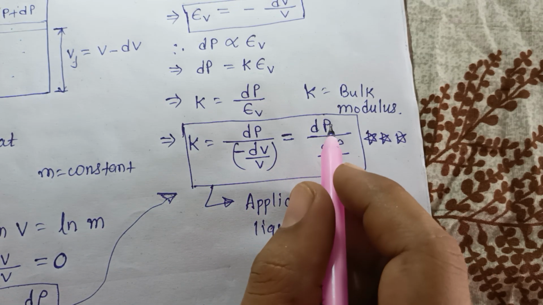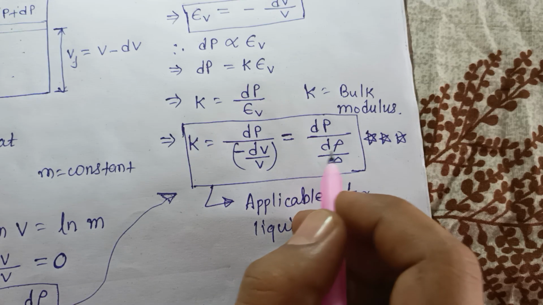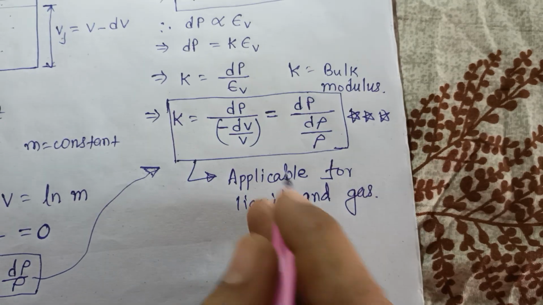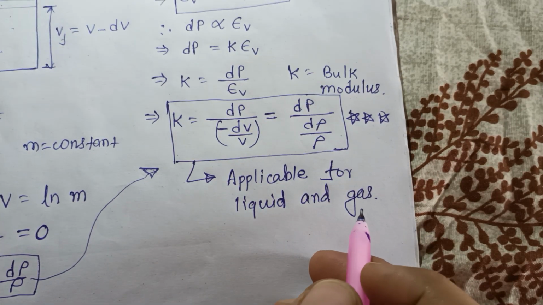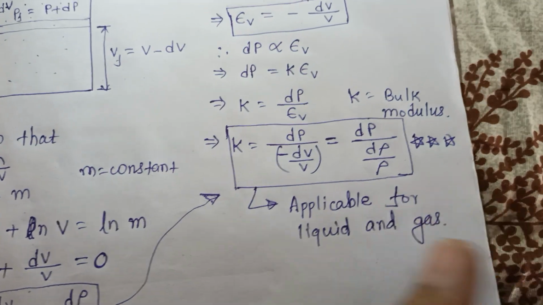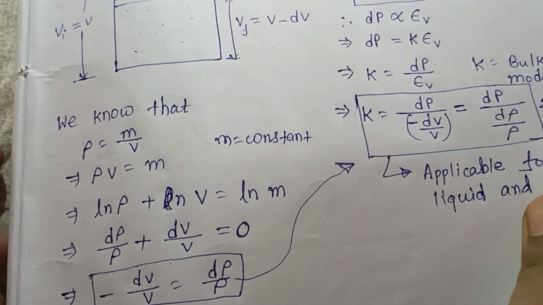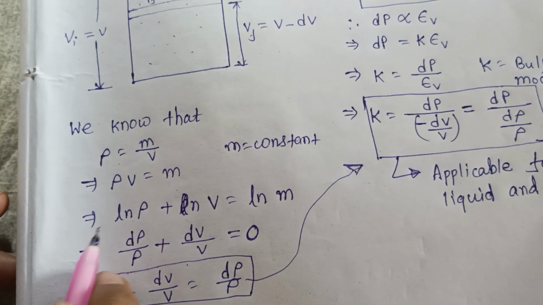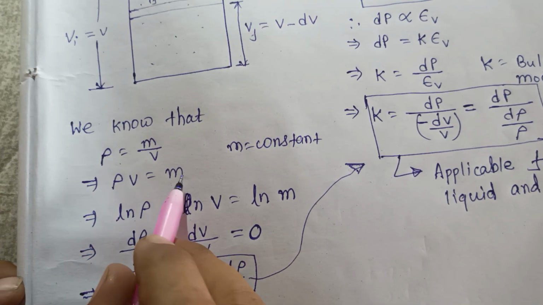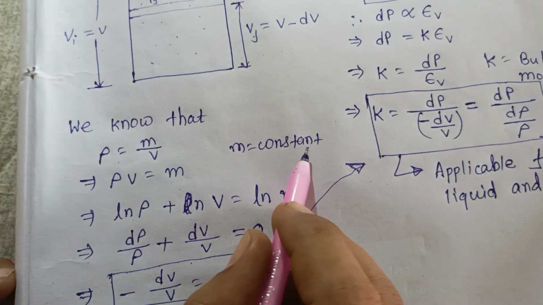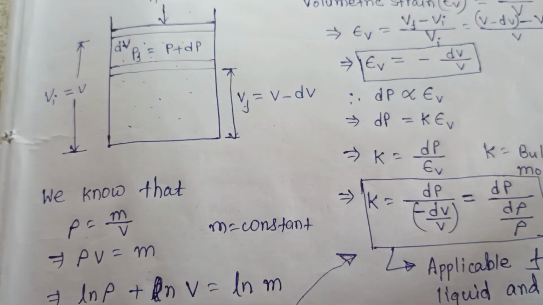So minus of dV by V, you can write in that way as d rho by rho, and this formula is applicable for liquids and gases. So how minus dV by V equals d rho by rho, we will see that. We know that rho equals m by V. So rho into V equals m, and m is constant in that piston cylinder arrangement.